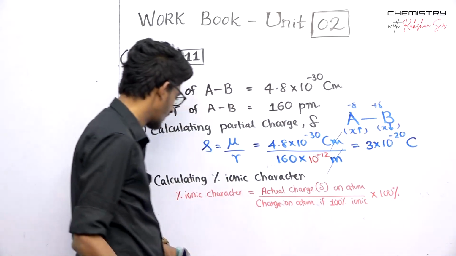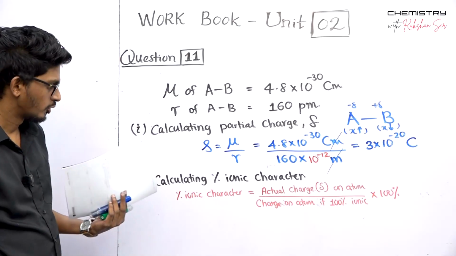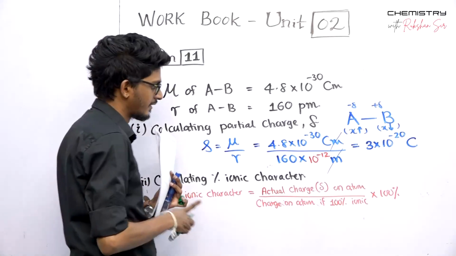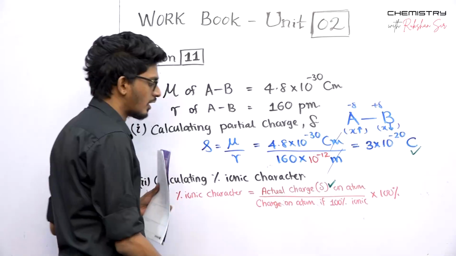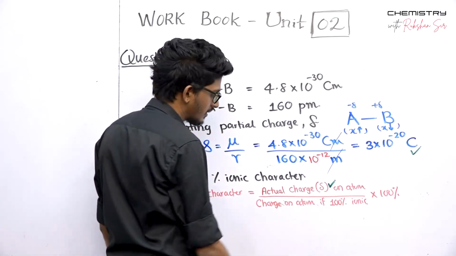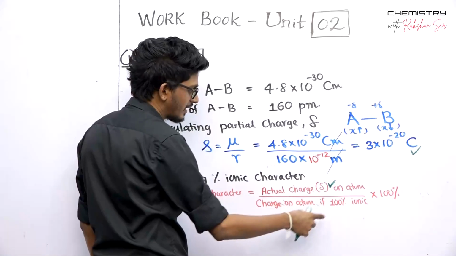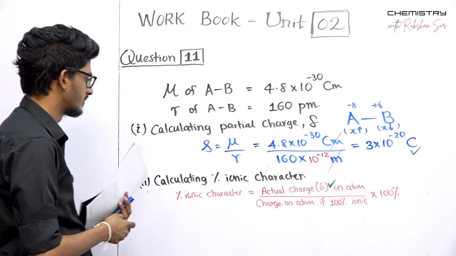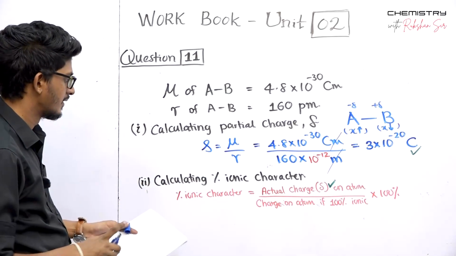That is how the percentage ionic character is calculated, right? So we had found this. We had just found this, right? Now we are supposed to come up with this value. If we can find this value, then this divided by that value into 100 will give you the ionic character, right? Let's come up with that thing.